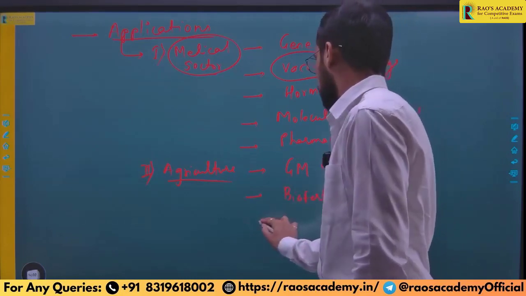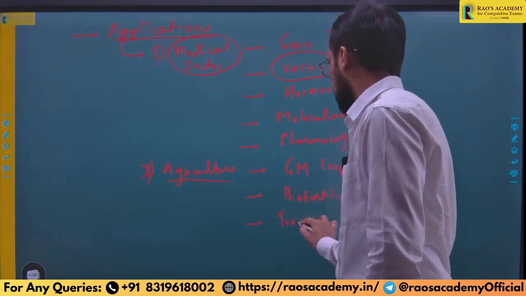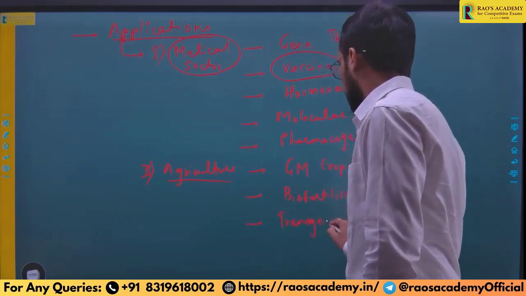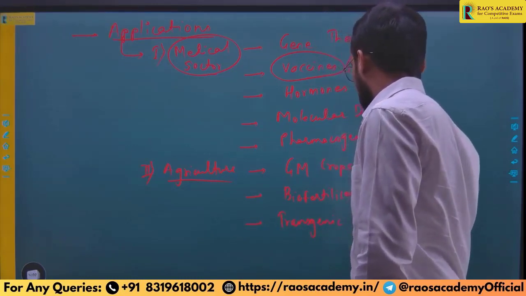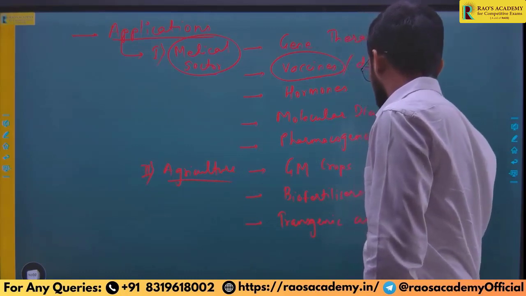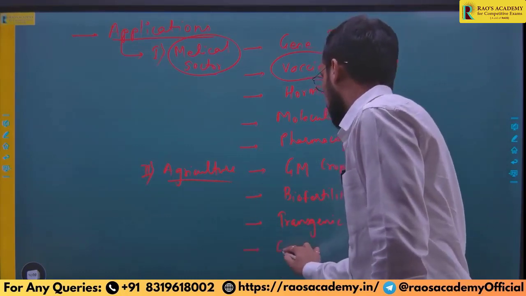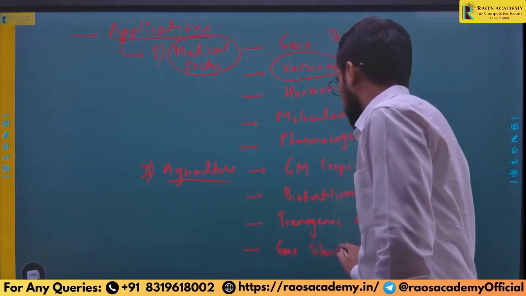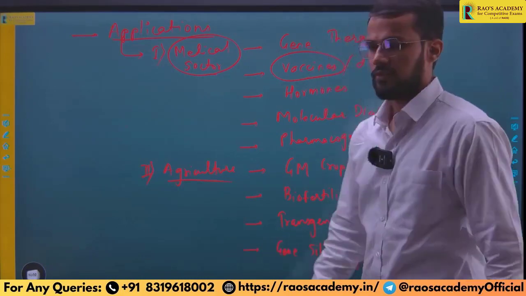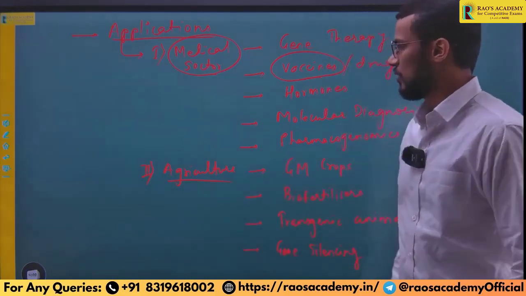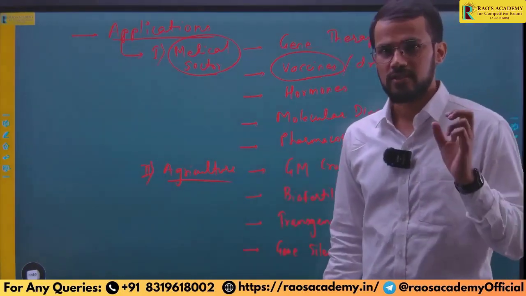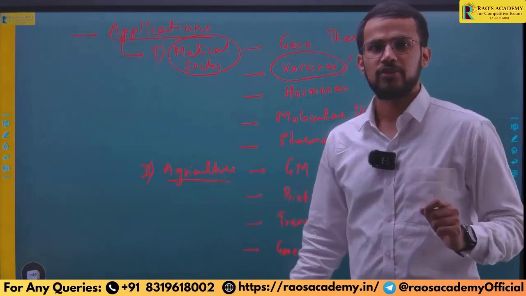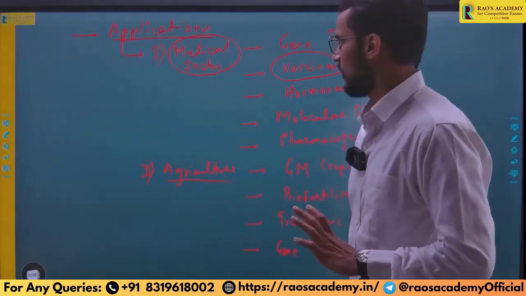It is also used for the development or production of transgenic animals. And then it is also used for gene silencing. Right, so these are some of the important topics that you should study for applications in the agriculture sector. Right, next now.